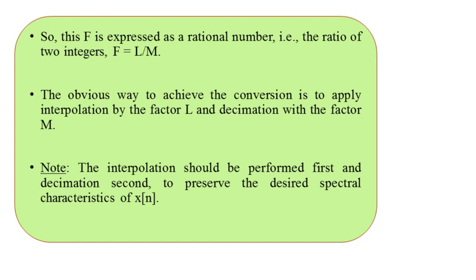Now let us visualize the block schematics for both the interpolation and the decimation processes. First, we shall talk about the interpolation process. I hope you can recall what we have learned in the same chapter for interpolation.